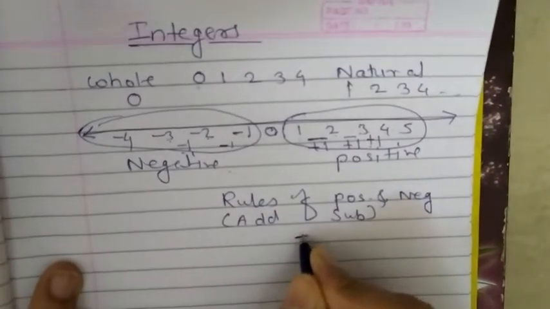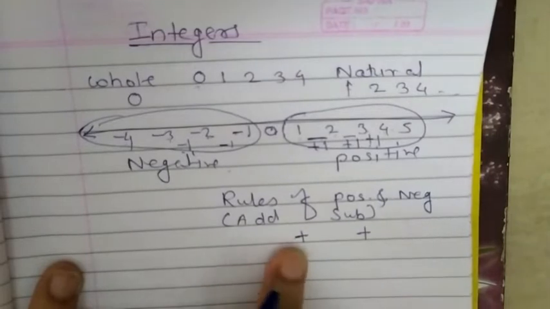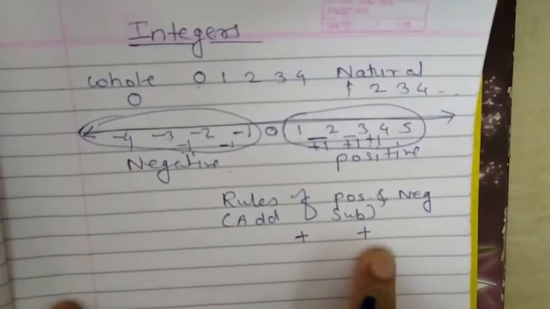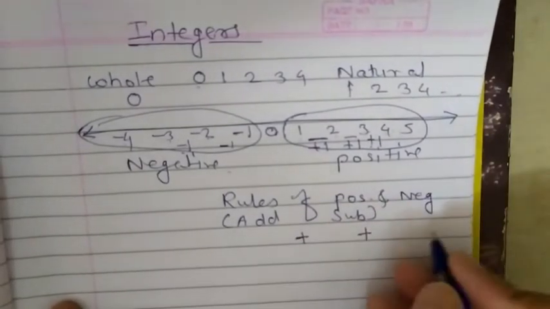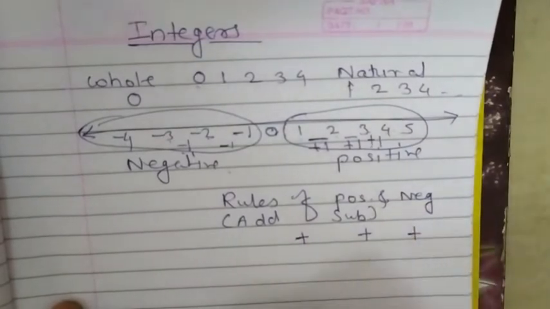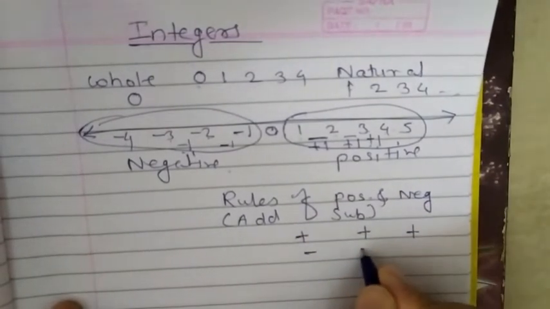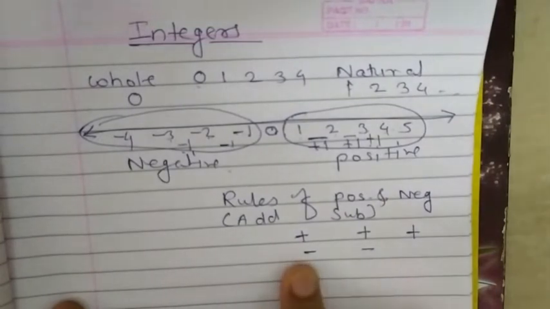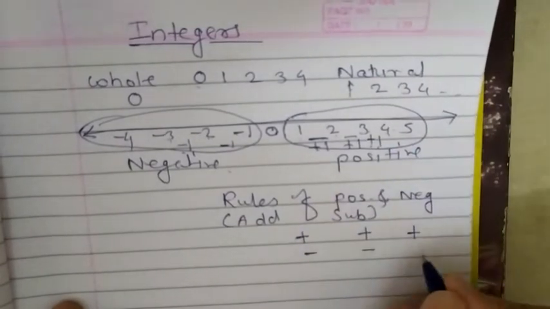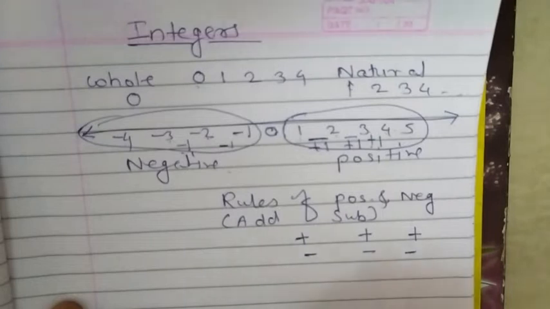So first number has a plus sign and second number has a plus sign, then the sign will be plus. First number has a negative sign, second number negative, the answer will contain a negative sign.